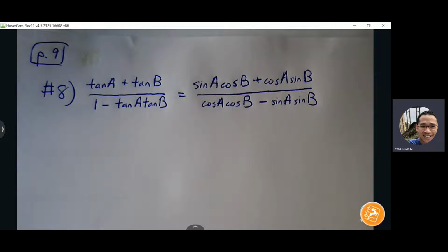So I rewrote it, the tangent on the left and then sine on the right, but you can just go ahead and we'll look at the left side. We're trying to make our way to the right side. What is one obvious step you think we can take to begin with? Yeah, let's convert all the tangents to sine and cosine.